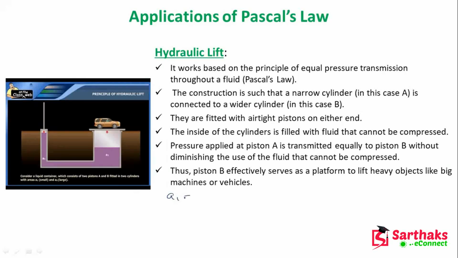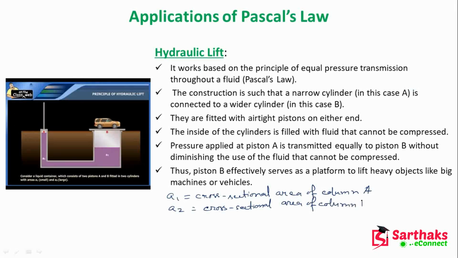Where A1 is the cross-sectional area of column A, A2 is the cross-sectional area of column B, and here one condition is there, A1 is less than A2.